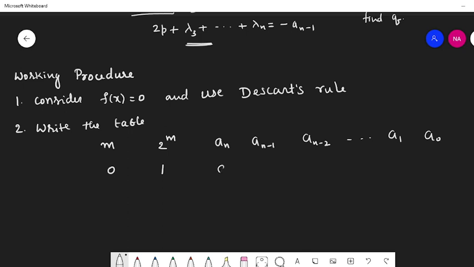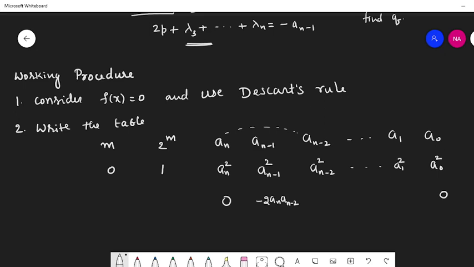Then here you have to write an square, an minus 1 square, an minus 2 square, and so on, a1 square, a0 square. In the next row, below an square, and below a0 square comes 0. Below an minus 1 whole square, I have to write minus 2 into the product of these alternating terms: an minus 2.